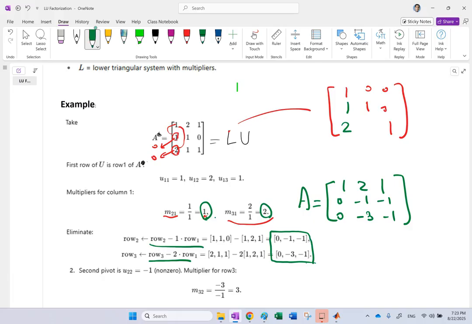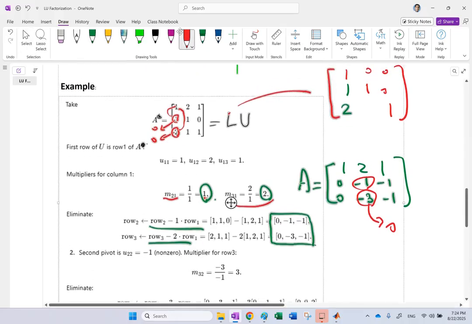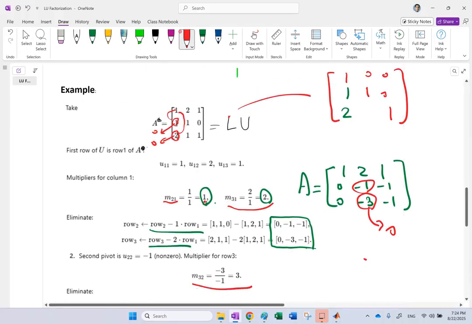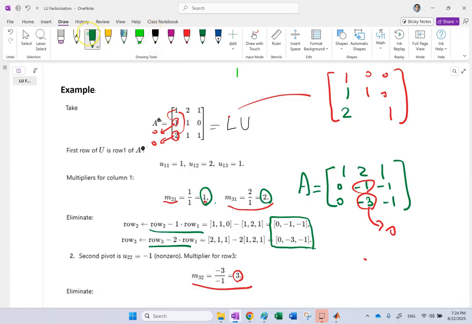Now you're almost there. The last thing I need to do is to get rid of this one. So you have to convert this to a 0, and you're good to go. For that, you need to divide this number by this one. And that's exactly what you do here. You get this ratio, which is 3. So that 3 is going to sit right here. And there we go. My L matrix is done.